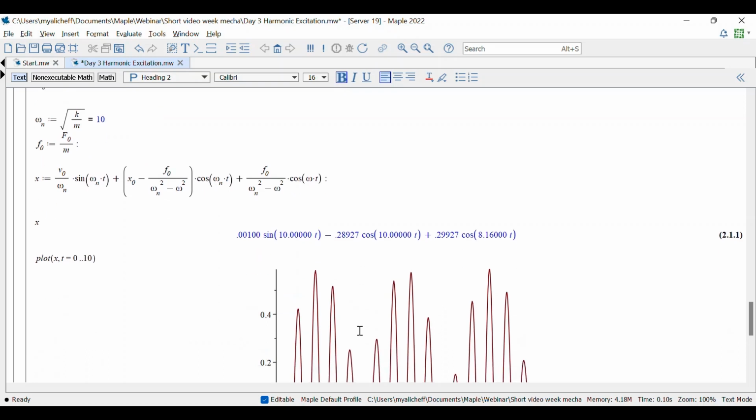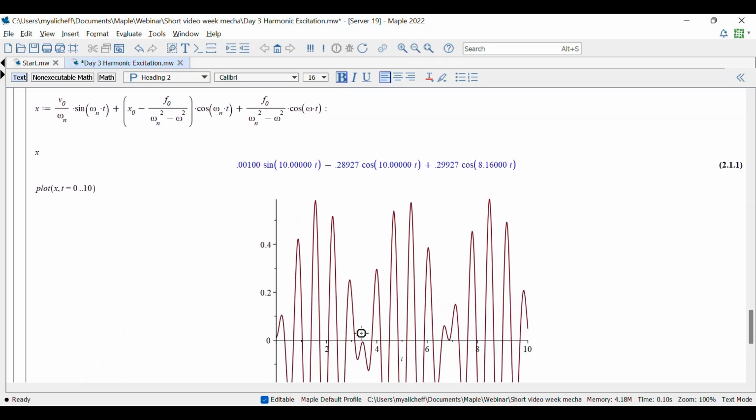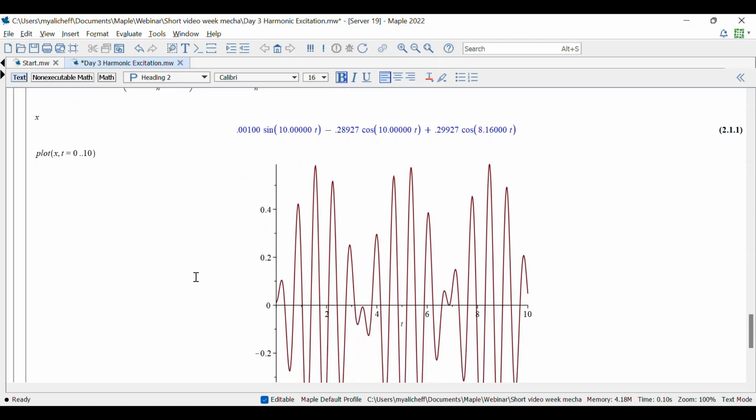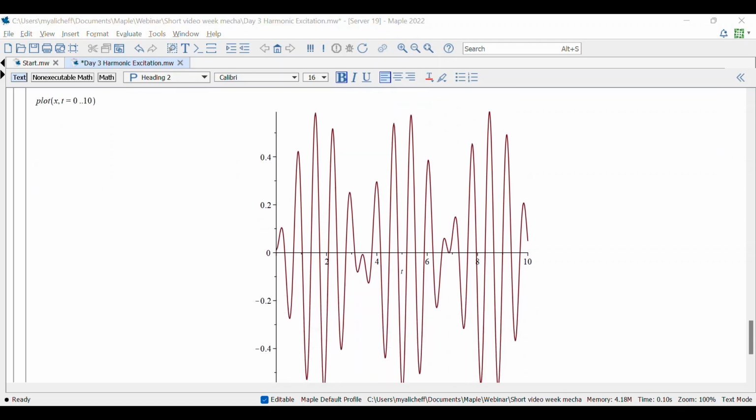Then we are able to plot x, the total response, over a range of 10 seconds, from 0 to 10 seconds. And here we go. We can read on the graph the maximum displacement of 0.6 meter.